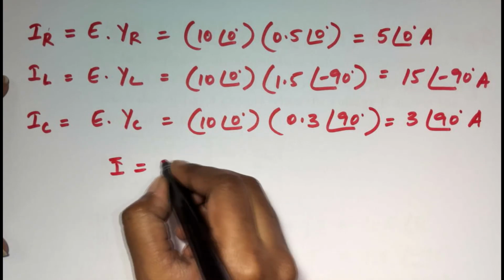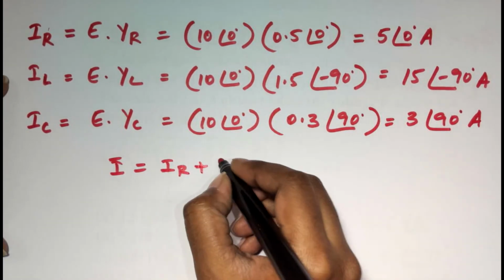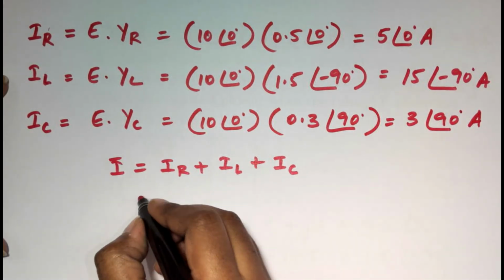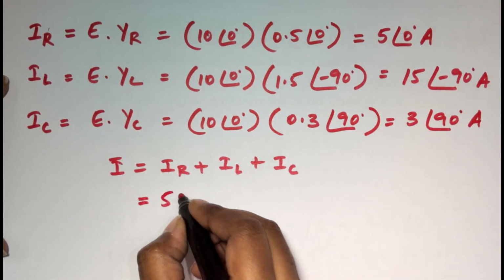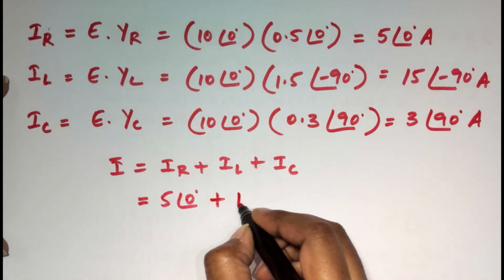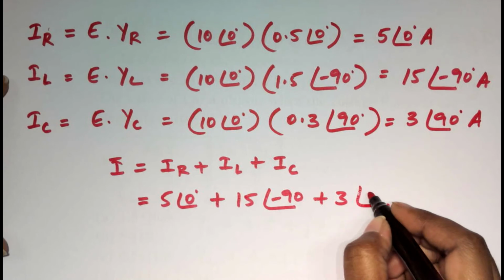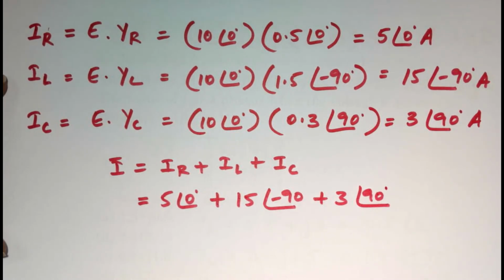So we have the value of the three currents. Now to find the phasor current I, it is the sum of all these three currents, IR plus IL plus IC. And that would be 5 angle 0 plus 15 angle minus 90 plus 3 angle 90.